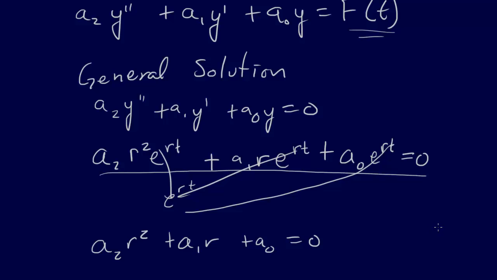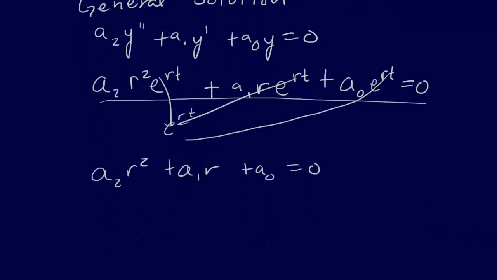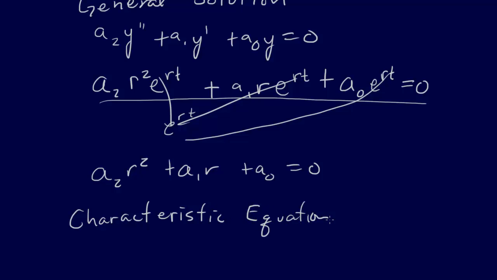Now we have what's called the characteristic equation. That's the characteristic equation, and this is a root finding problem.